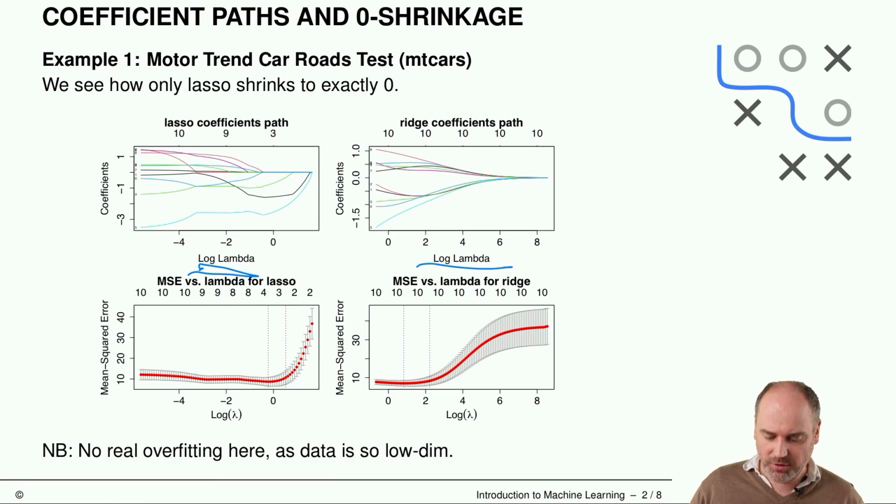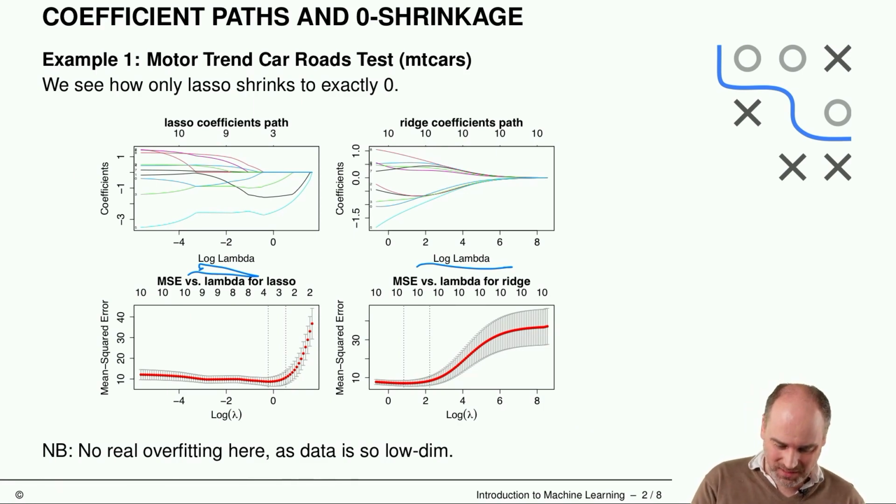Now, what I do want to talk about here is the structure of these plots. As I've said, lambda is on the x-axis. You have to get used to this a little bit. It's simply on log scale. Let's look at what's on the y-axis and what's in the plot.